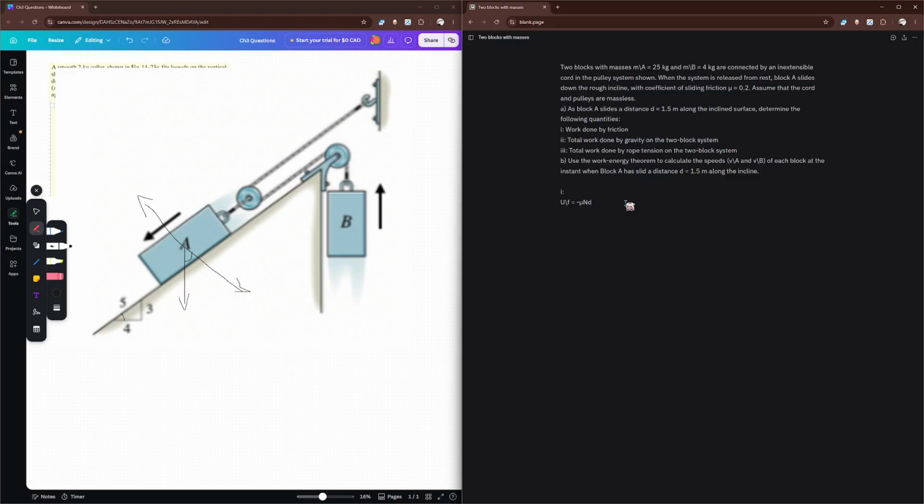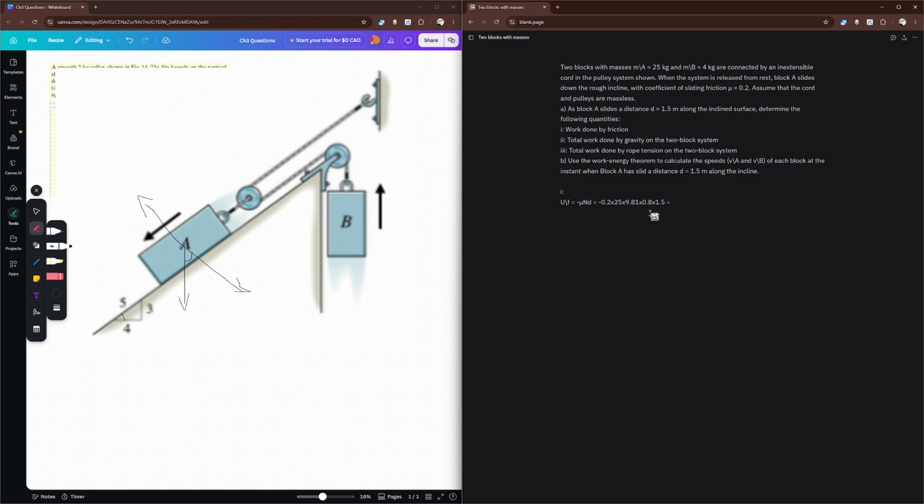So it's equal to negative 0.2 times 25 for the mass, because it's mg, this is weight, times 9.81 for the gravity, times cosine of theta, which is equal to 4/5 or 0.8, times d equals 1.5.